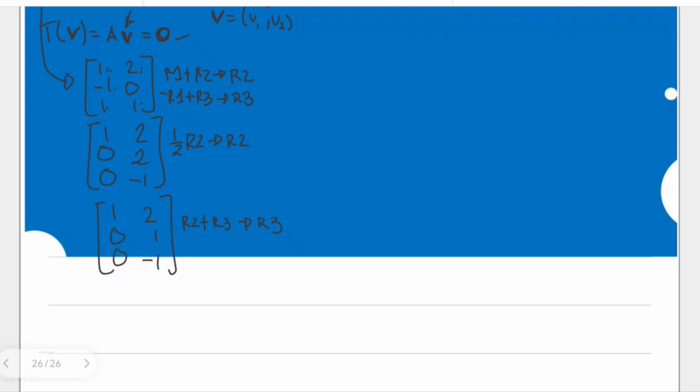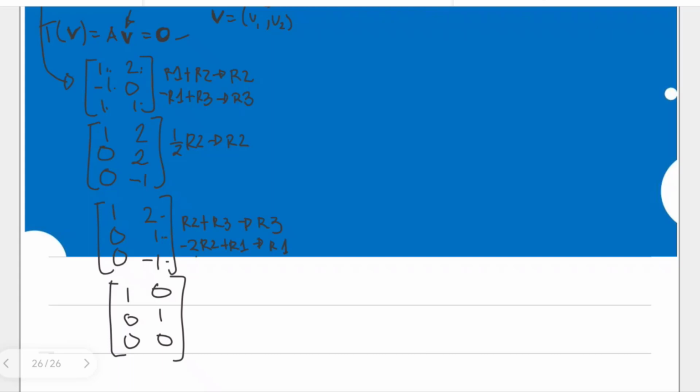And we could also target this 0 because our goal is a reduced row echelon form. At once, we can multiply negative 2 to R2 plus R1 for a new row 1. So we have 1 here. 1 plus negative 1 is 0. Negative 2 times 1 is negative 2 plus 2, 0 here as well. This is now the reduced row echelon form of our matrix.